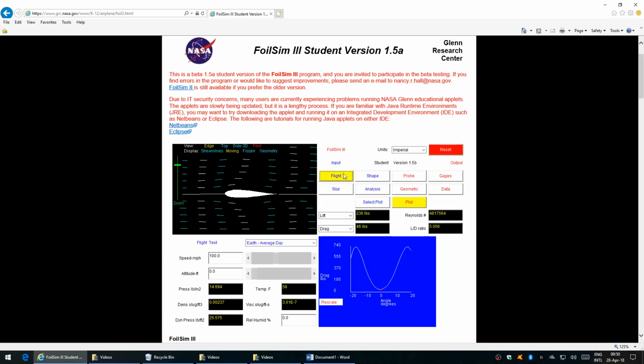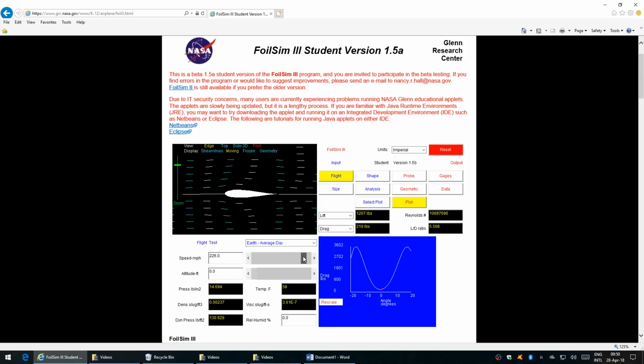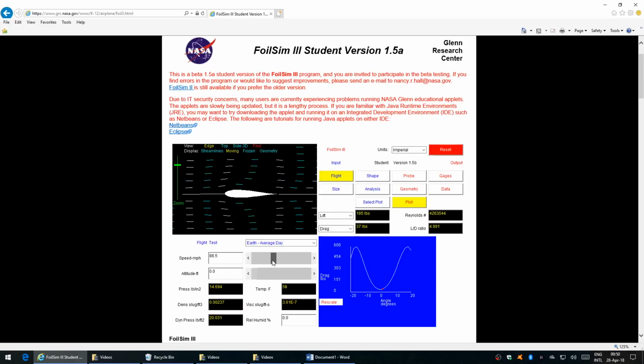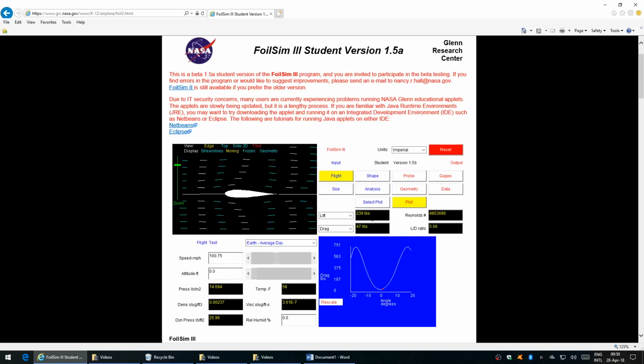If we change the speed of the aircraft, you can see the overall value of lift and drag is increasing. If we reduce the speed, the amount of lift and drag is reducing. So if we have a look here, we have 100 miles per hour with 47 pounds of drag.